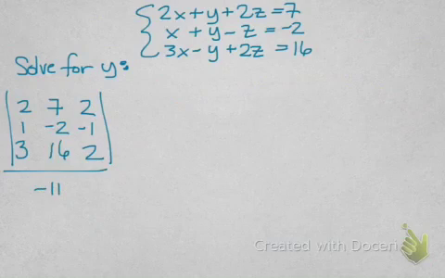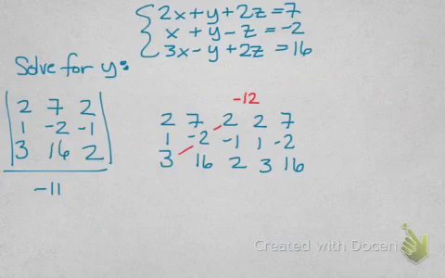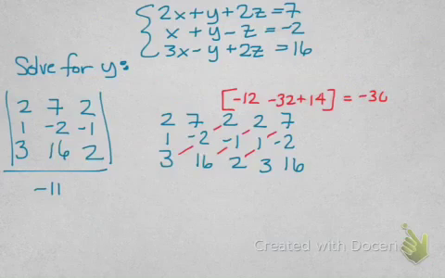That determinant over negative 11 is going to give us our solution for y. Then repeat those first two columns. We'll multiply upward diagonally. 3, negative 2, and 2 gives us negative 12. 16, negative 1, and 2, negative 32. 2, 1, and 7 gives us 14.